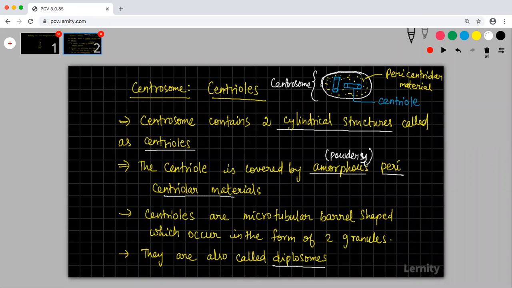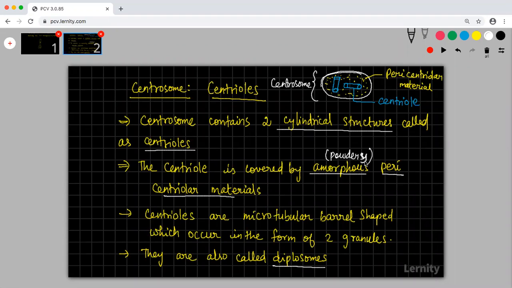Salt is crystalline. Sugar is crystalline. Talcum powder is amorphous. So amorphous will not have a proper shape, whereas crystalline will have a proper shape.